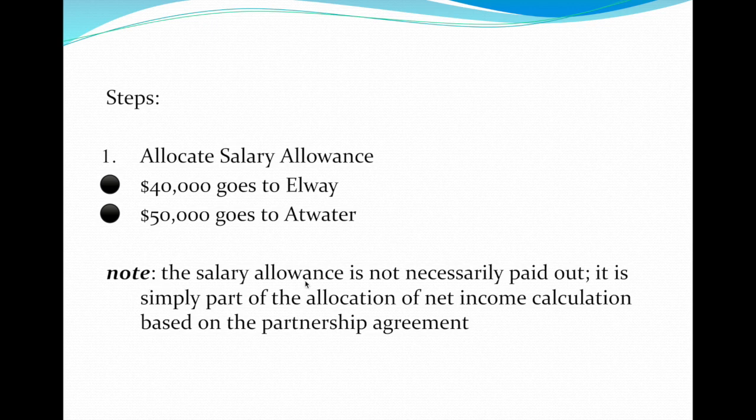Now, again, the salary isn't necessarily paid. It's just part of the allocation of the net income calculation. So we're not going to have an entry under salary expense to this effect. We're just using this as a method to calculate what the division of income should be. So that's step one.